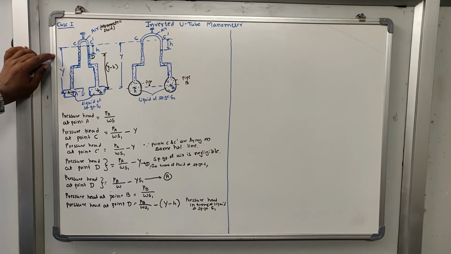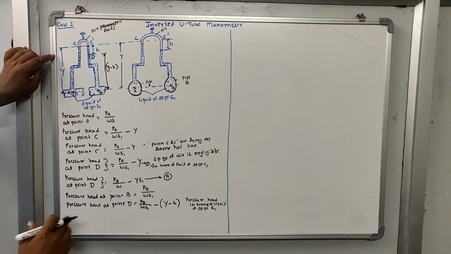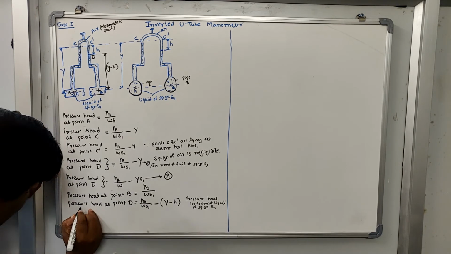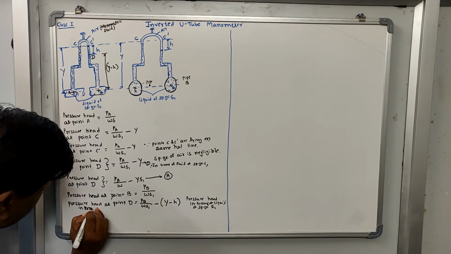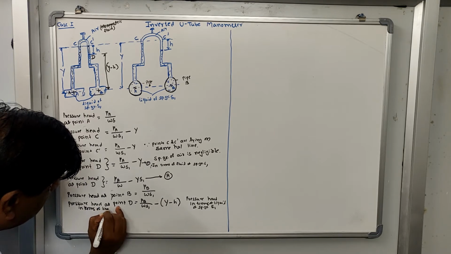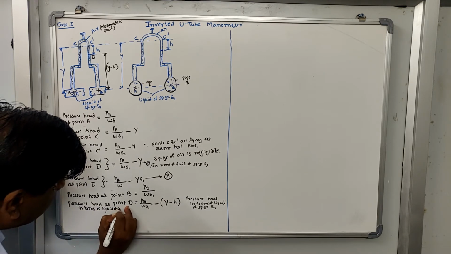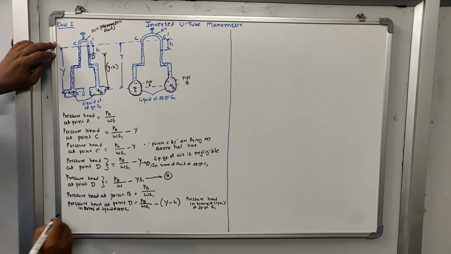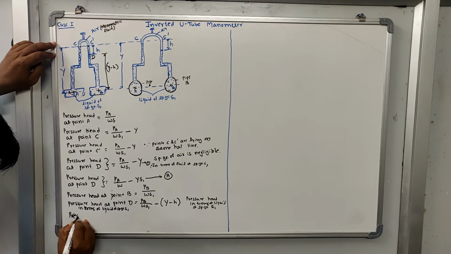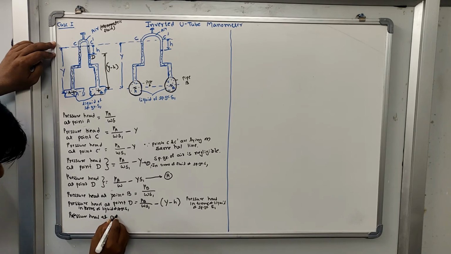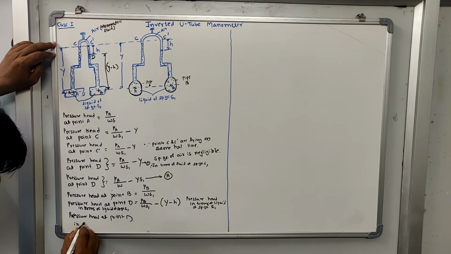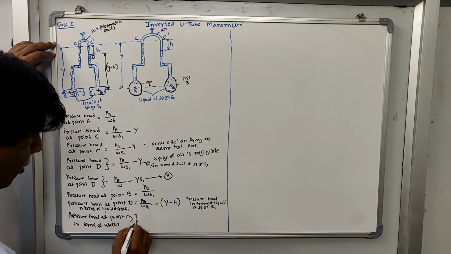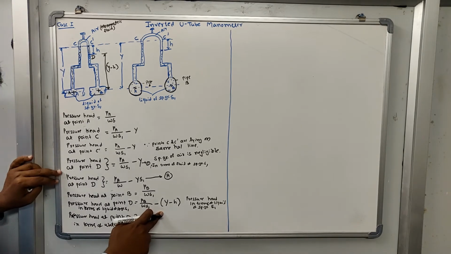Okay, now if you want to know the pressure head at point D in terms of water, you multiply this equation by S1.